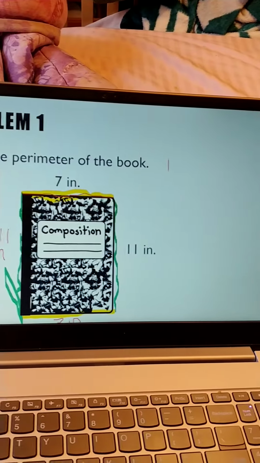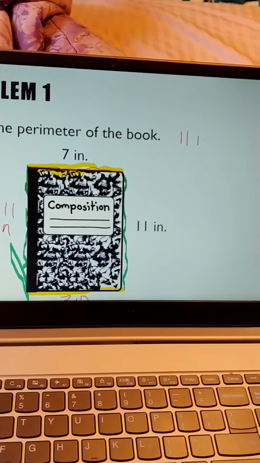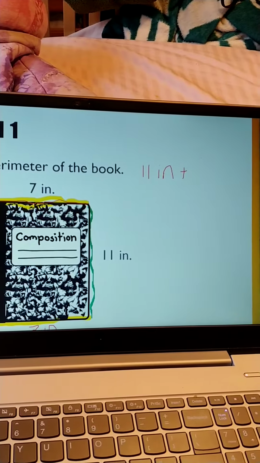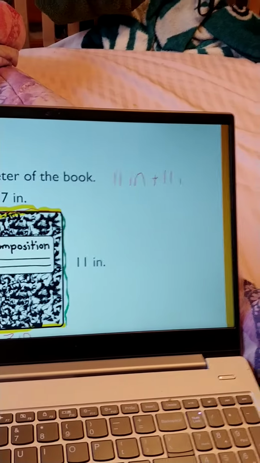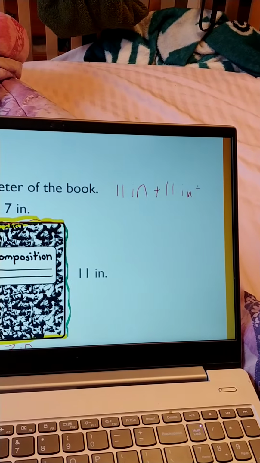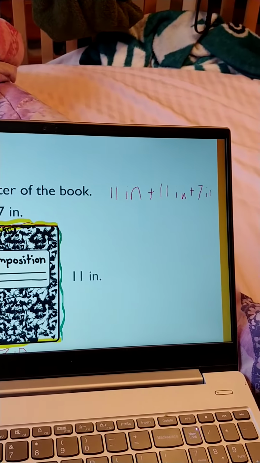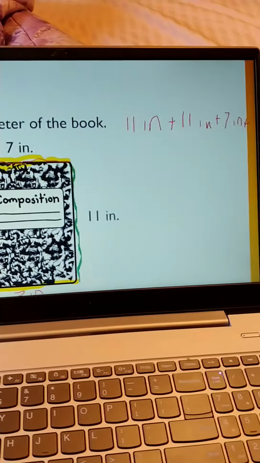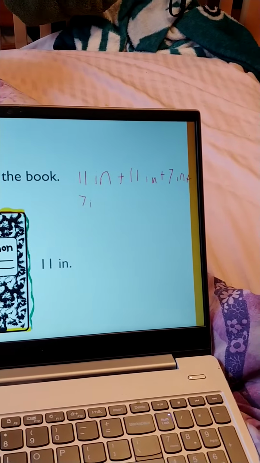So we're going to add 11 inches plus 11 inches plus 7 inches plus 7 inches.